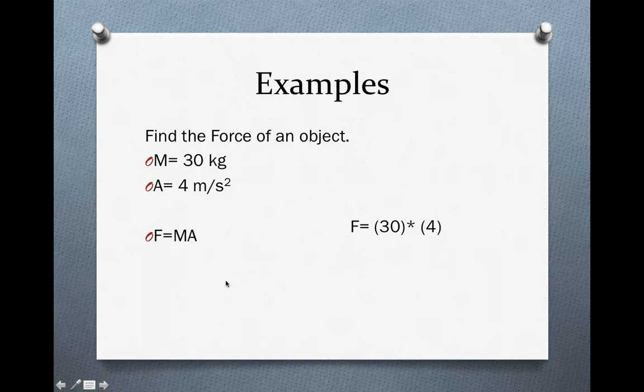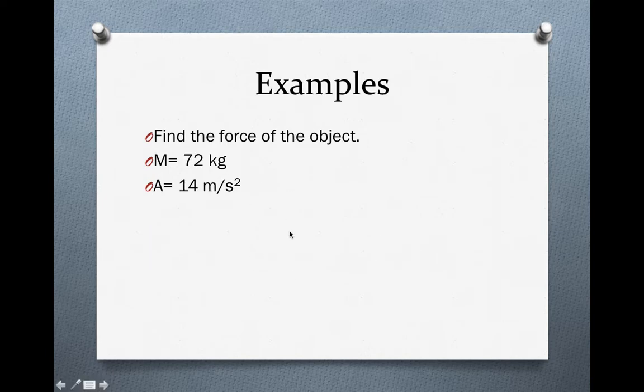All right? So because we know mass and acceleration, we can just plug in the numbers here, and we get F is equal to 30 times 4. And we do our math, and 30 times 4 is equal to 120. And remember that our units are newtons, so F is equal to 120 N, or newtons.